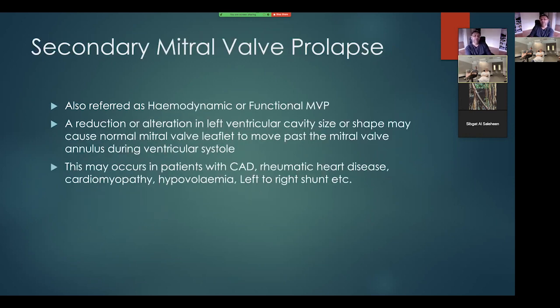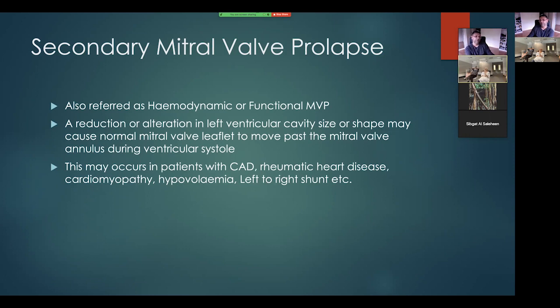In secondary mitral valve prolapse, also known as hemodynamic or functional prolapse, the important thing is there's no problem with the mitral valve as such, from the morphology or anatomy point of view. But there's a reduction or alteration in the left ventricle cavity size due to various problems such as coronary artery disease, rheumatic heart disease, cardiomyopathy, hypovolemia, or some shunt.